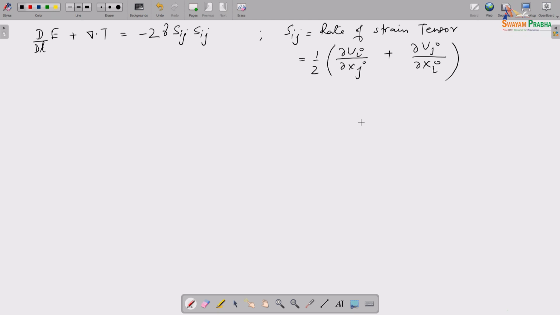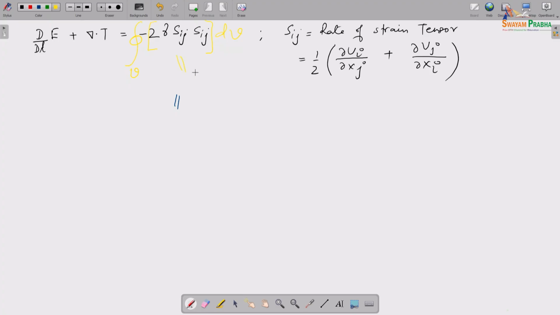Then we integrated this. We took an integral of that, and we found that the right hand side, if I take an integral of that, this term is always positive.